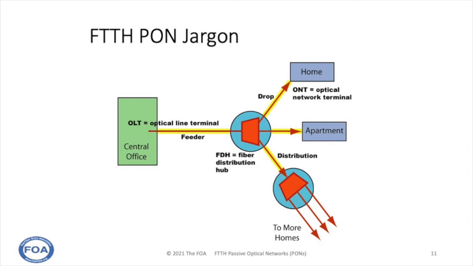The splitter is in a fiber distribution hub, FDH. From there is more distribution cable to additional splitters, and then a drop cable to the home. So we have feeder to splitter, distribution to cascaded splitters, and drop cables to the home. That's the nomenclature that's pretty much accepted for PON networks.